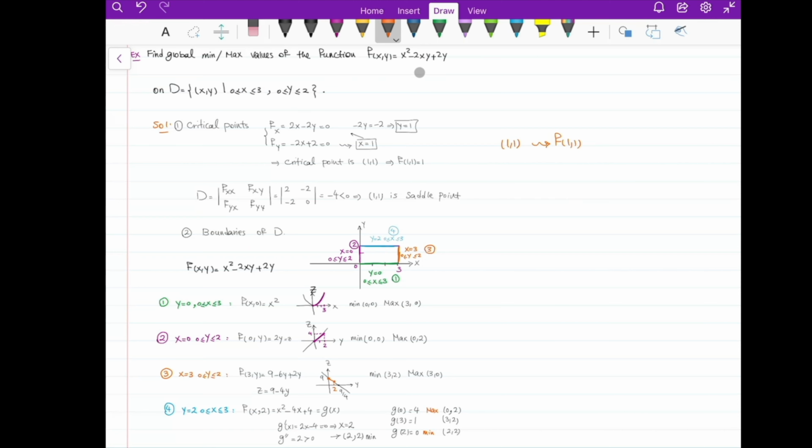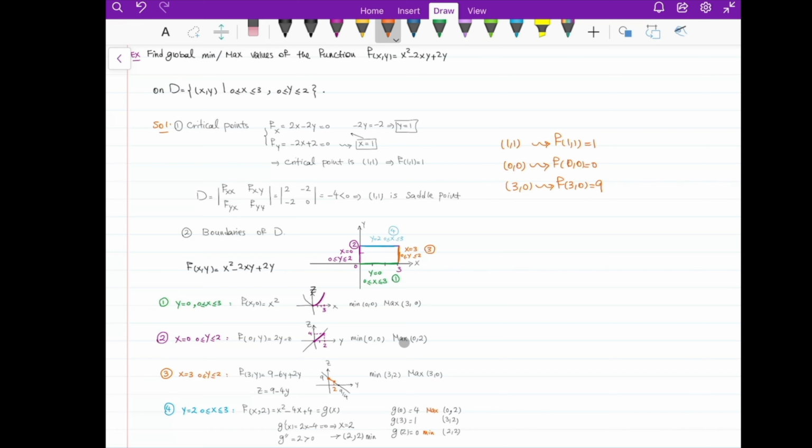Plug in 1, 1 into here. 1 minus 2 plus 2 is equal to 1. What else? I got the point 0, 0 and the point 3, 0. The value of the function at the point 0, 0 is 0. I got the point 3, 0. The value of the function at 3, 0 is equal to 9.